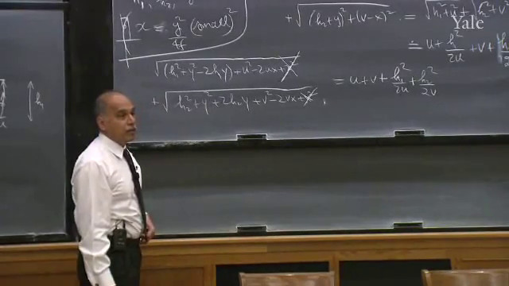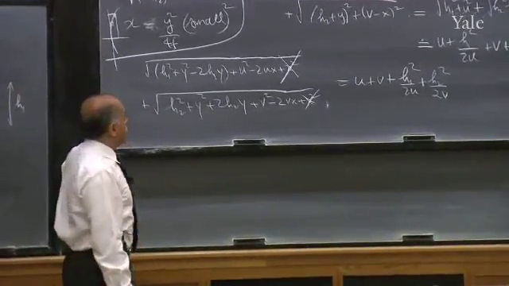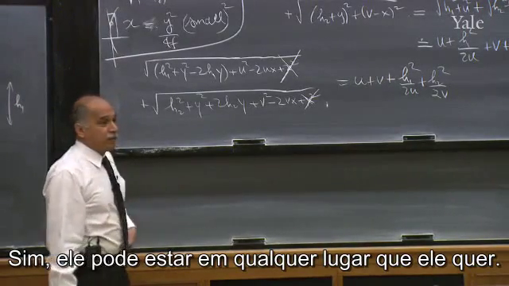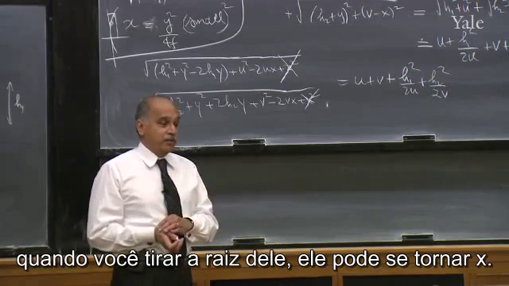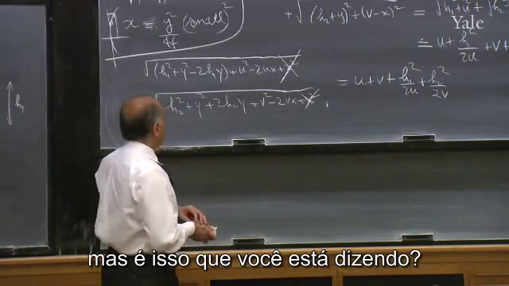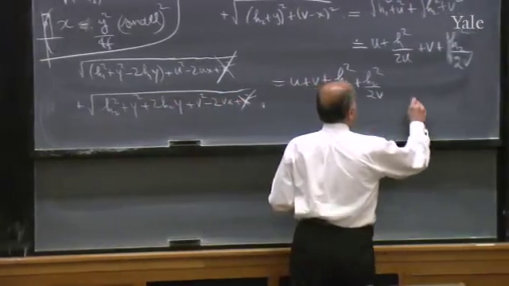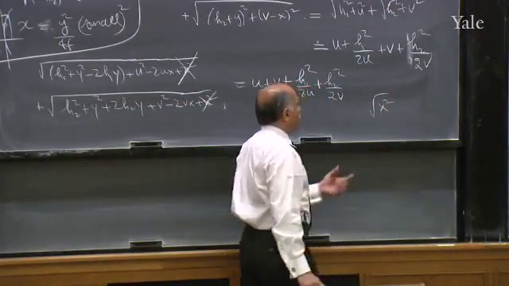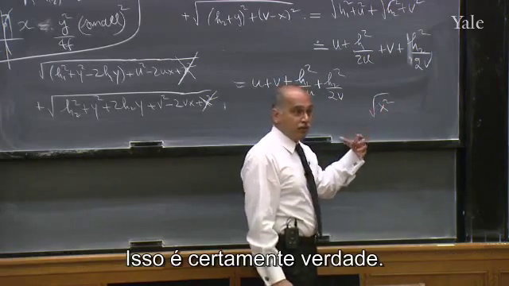Yep? Yeah, it can be anywhere it wants. You may think that because it's under square root, when you take the root of it, it may become x. Is that your worry? Your point you're making is, I see an x squared like that, but it's really not x squared, it's really x. That's certainly true.